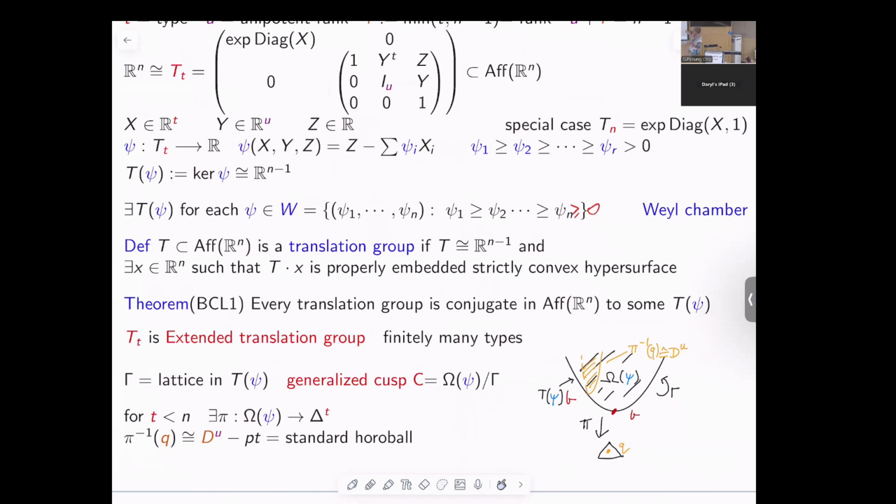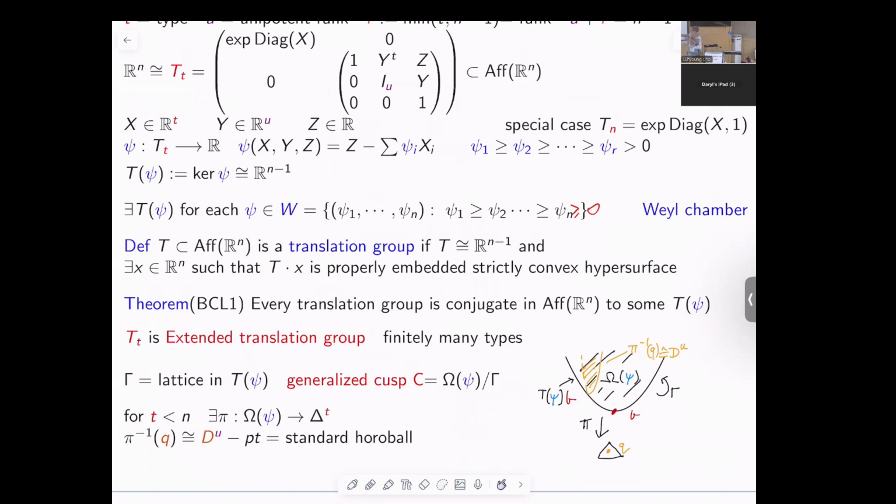In particular, if I let one of the sides go to zero, this convex surface is flattening out in some direction. In the limit, it's not going to be strictly convex anymore. But I get to conjugate the group. I can do an affine map that stretches that direction so it's not flattening out anymore.